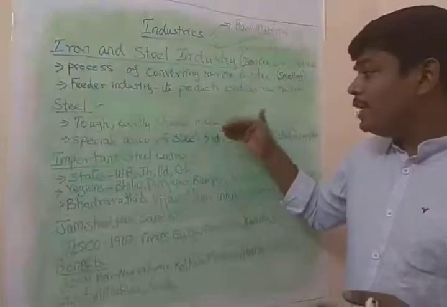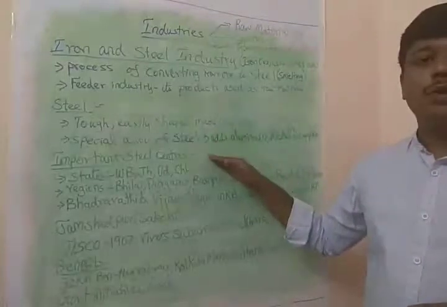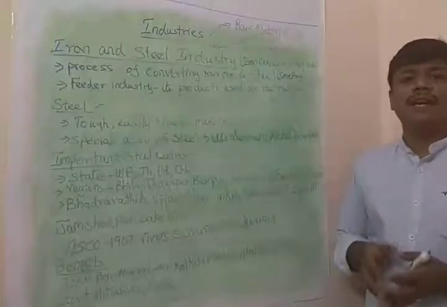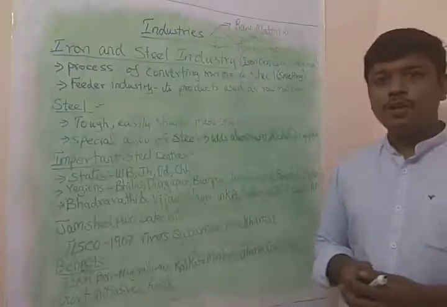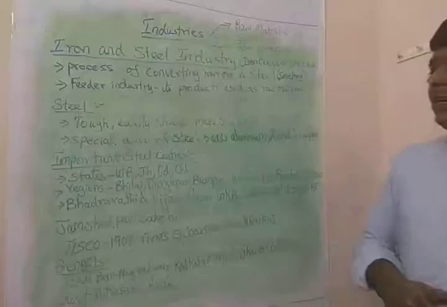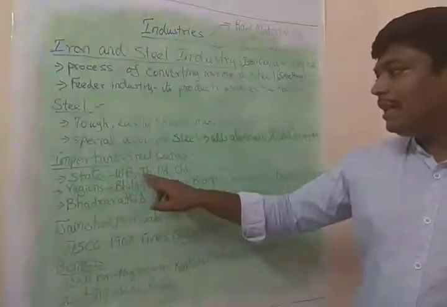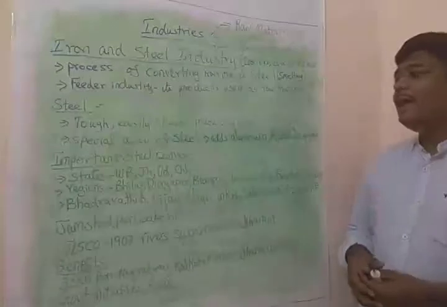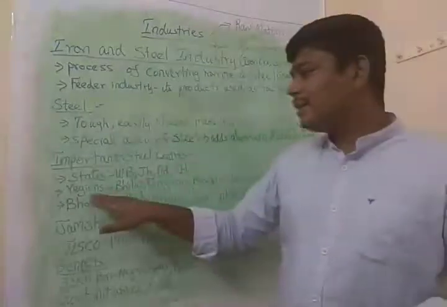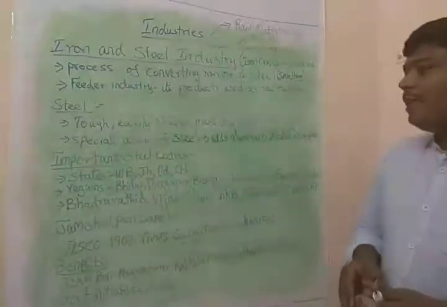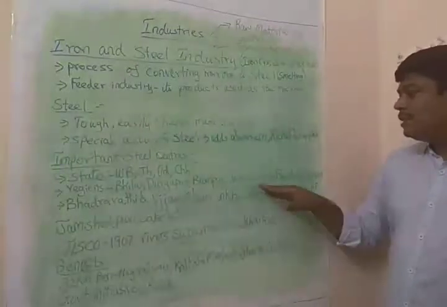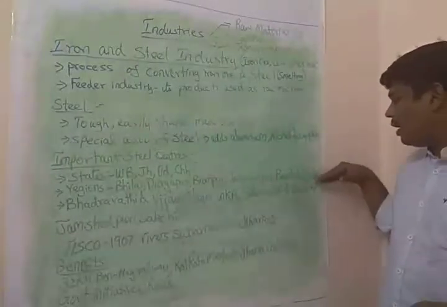And the important steel centers that we are going to see here, ma'am. So what are the main states producing iron and steel ma'am? Can you guess? It is mainly West Bengal, Jharkhand, Odisha and Chhattisgarh. I think we have already seen it. And the main regions producing steel are Bhilai, Durgapur, Burnpur, Jamshedpur, Rourkela and Bokaro.